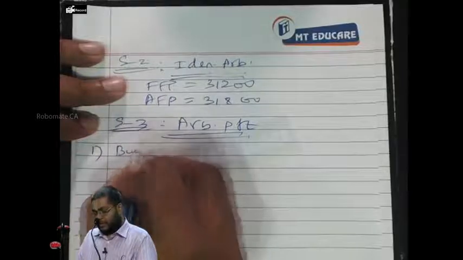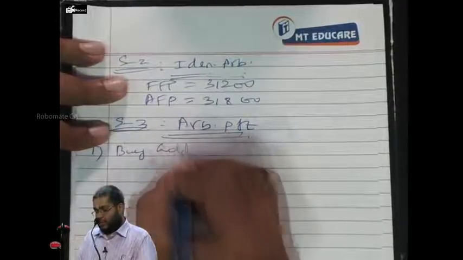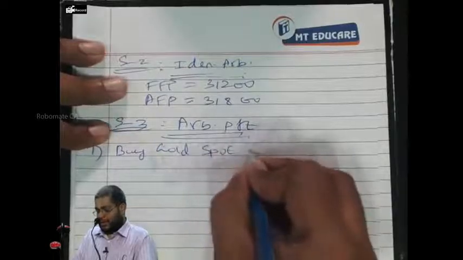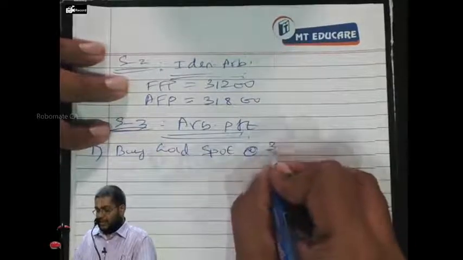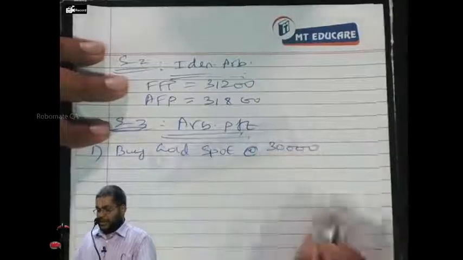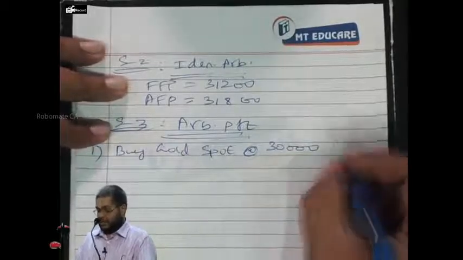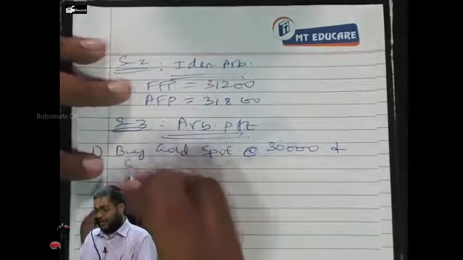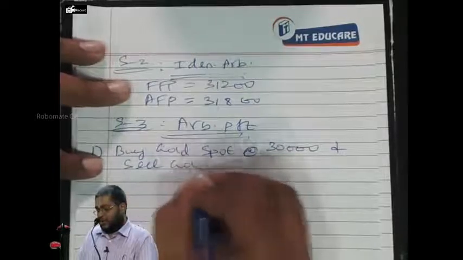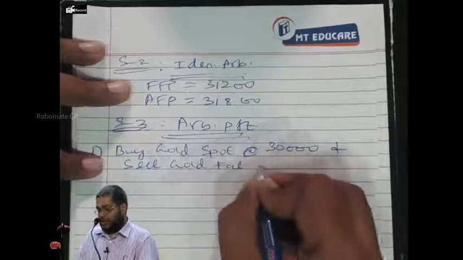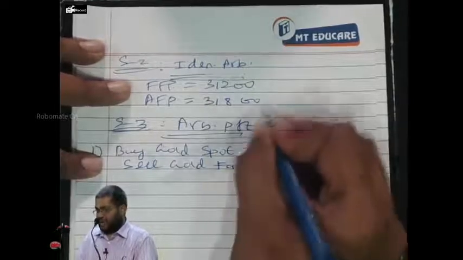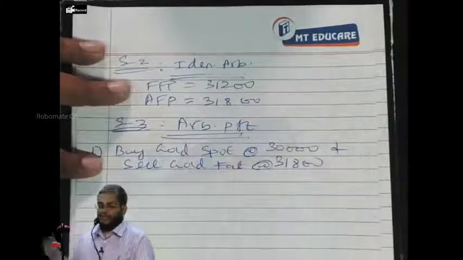Buy gold spot at 30,000 rupees, and sell gold futures at how much rupees? 31,800. That is the price at least trading in the futures market.